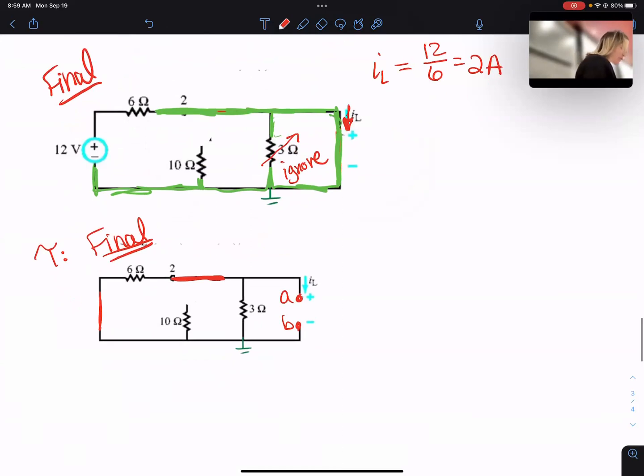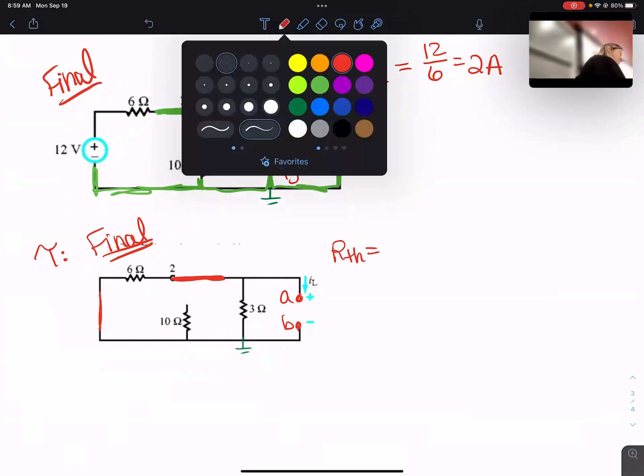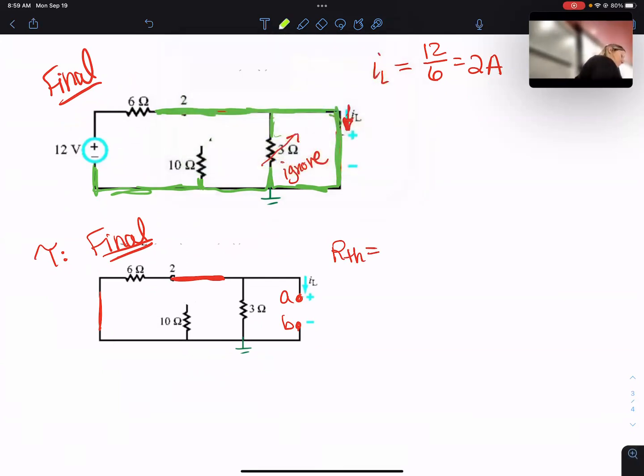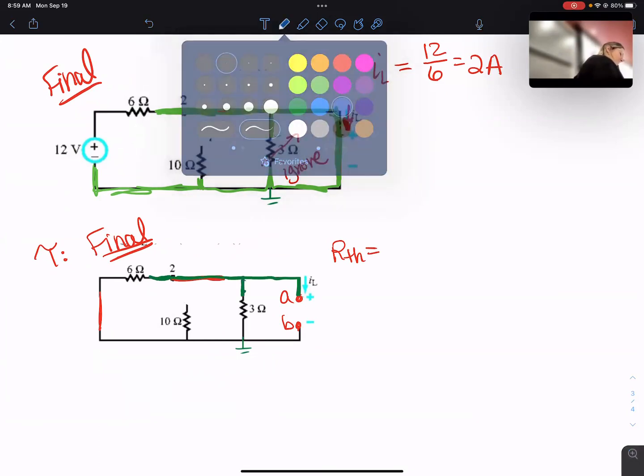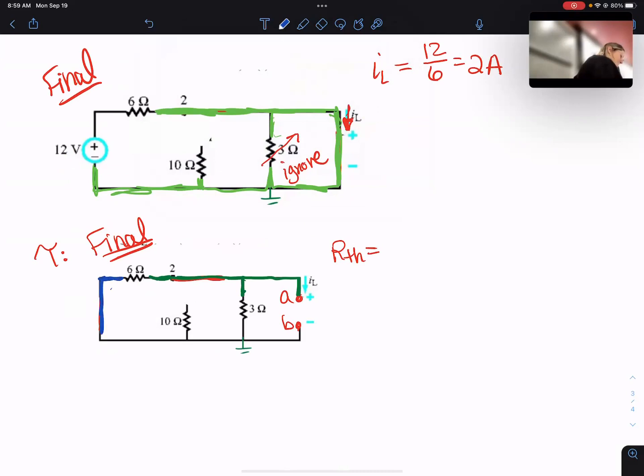So now RTH is going to be what here? So if I color these again, yes, an inductor is an open circuit at the final.